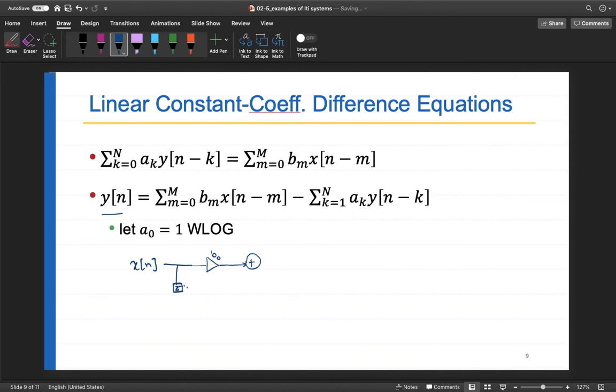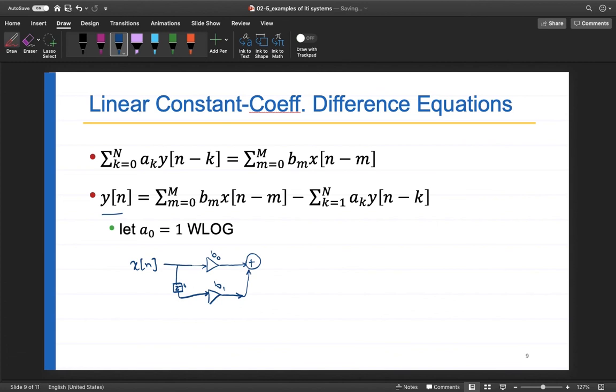A delay operation you have already seen. And this one goes to another scaling, and this scaling is b of 1. And it goes to the summation.